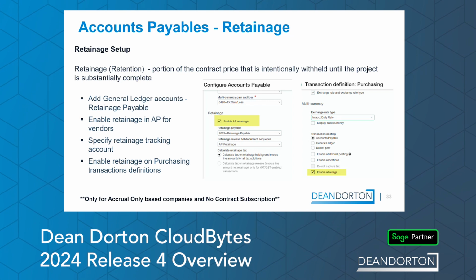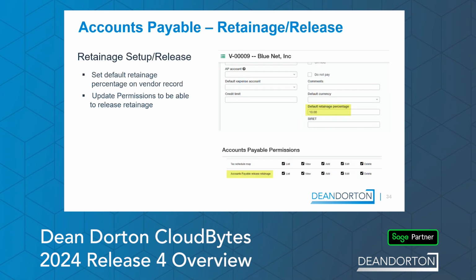Again, it is only for accrual only companies, and you cannot have a contracts subscription. Accounts payable retainage release, you do go into the vendor and you set up the default retainage percentage, and you do need to give permissions to AP release retainage.